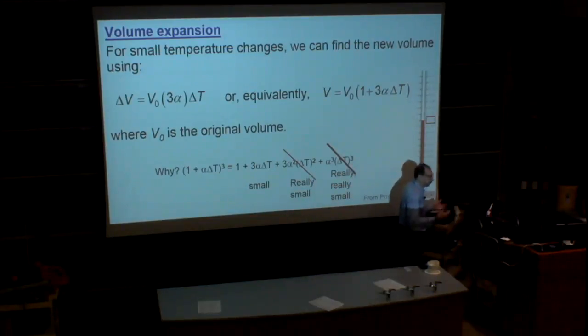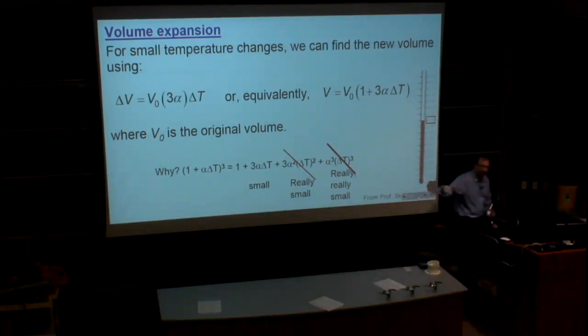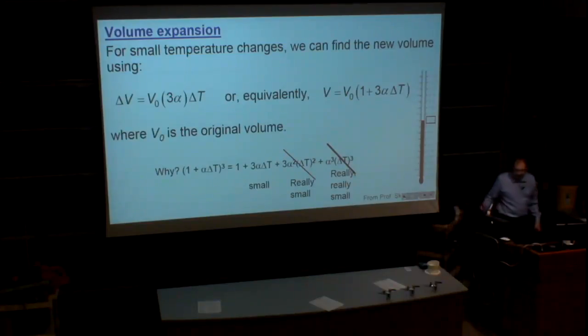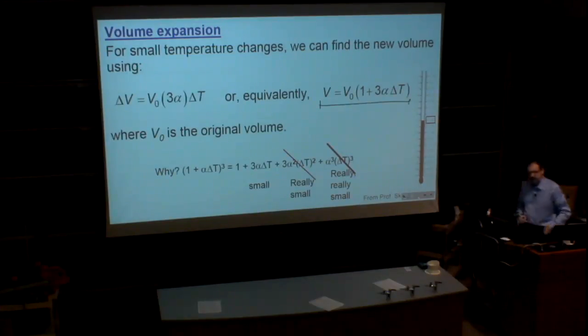If you cube it, it's a fraction of a fraction of a fraction of a millimeter. So the expression for the volumetric expansion is very similar to the expression for the linear expansion. This coefficient used to be called beta, the coefficient of volumetric expansion. But eventually people realized we don't really need to measure it. We just have to take the coefficient of linear expansion and multiply by 3.